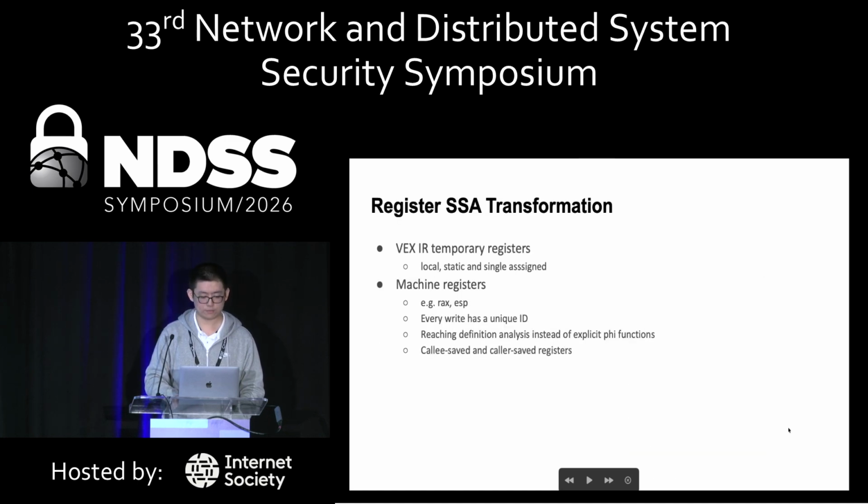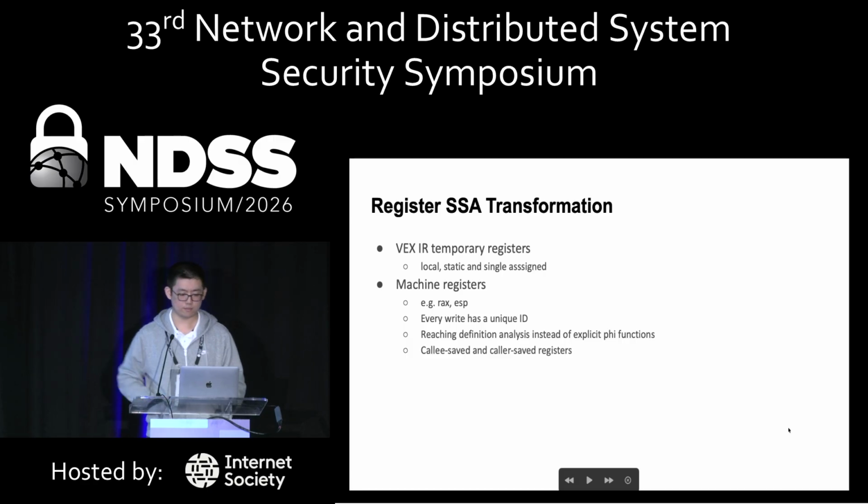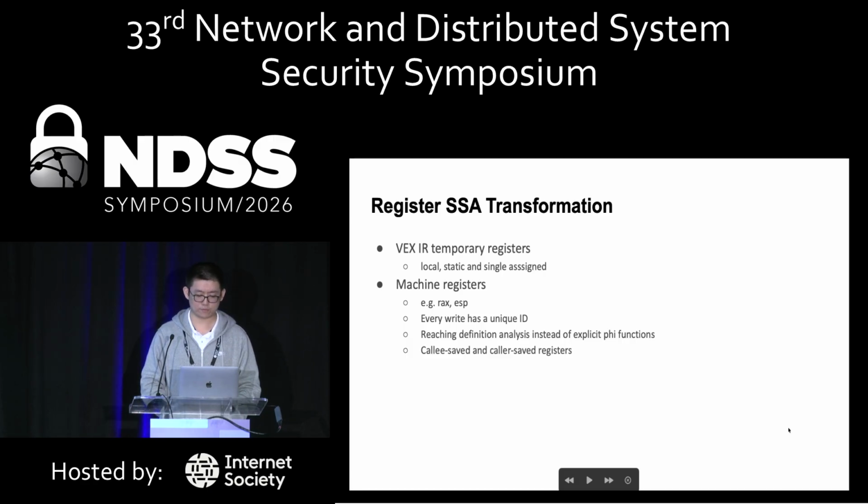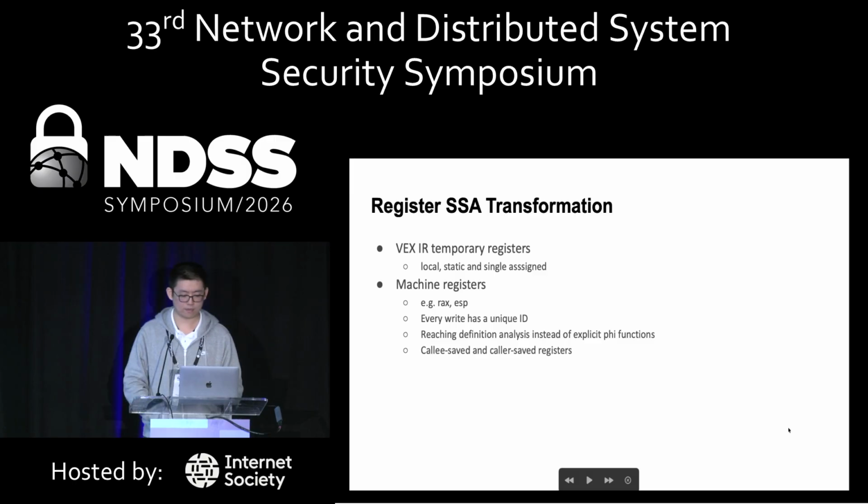Next, we look into the register SSA transformation. In BPA-X, there are two types of registers. One is VexIR temporary registers. The other is machine registers, like RAX, RSP. VexIR temporary registers are local and static single assignment, so it's not necessary to convert these types of registers into SSA format.